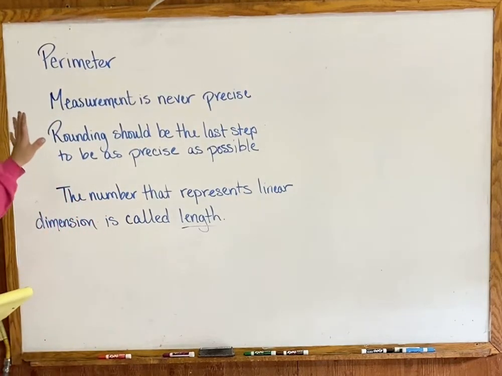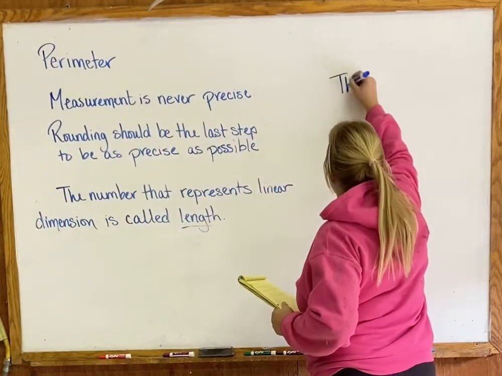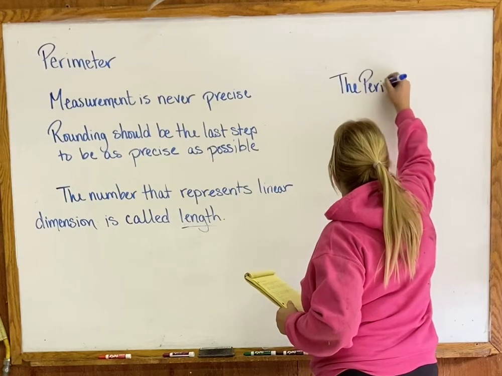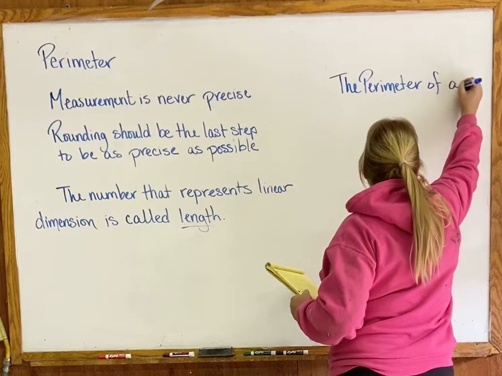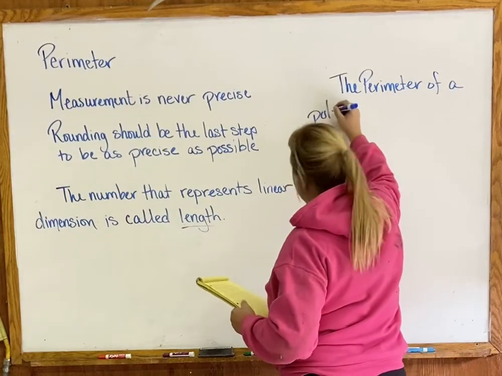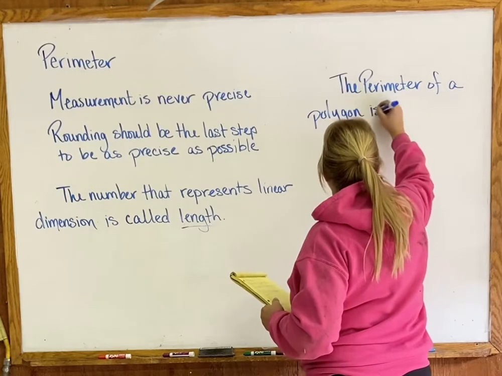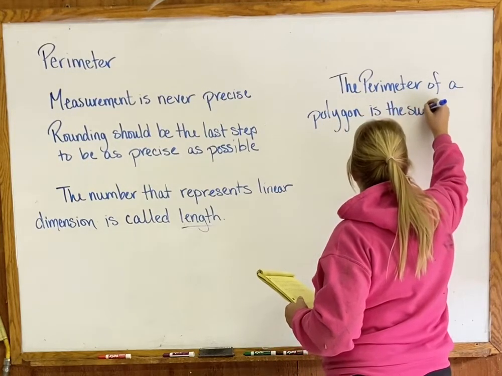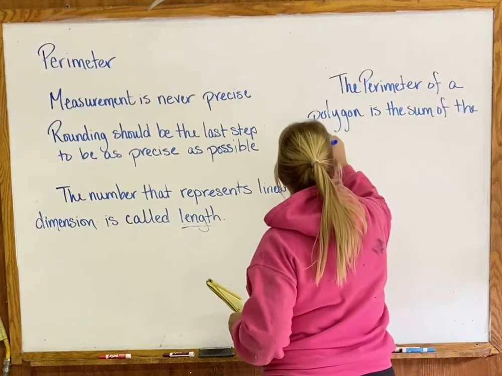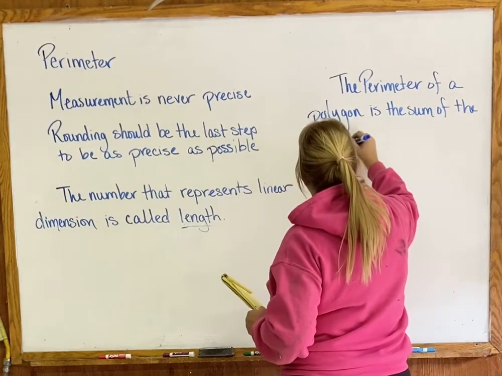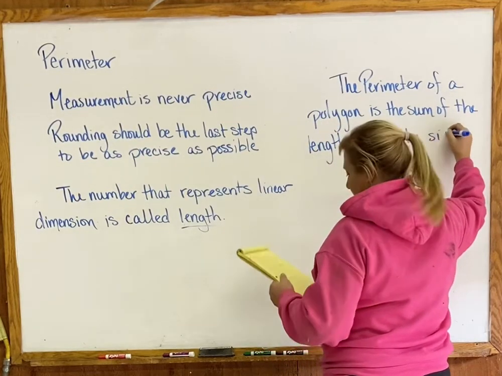Now, perimeter then, let's define that. The perimeter of a polygon is the sum of the lengths of all the sides.